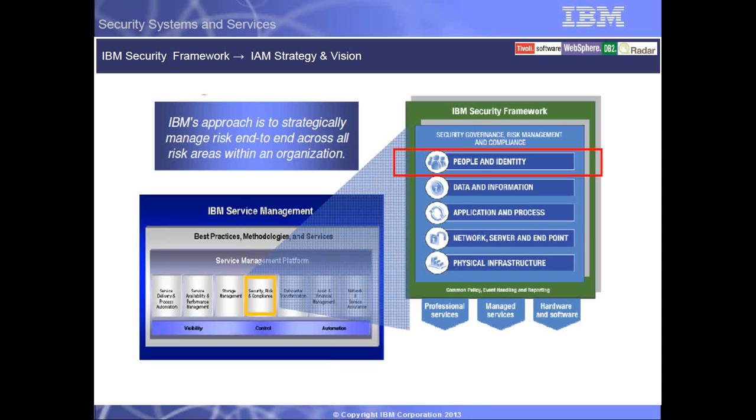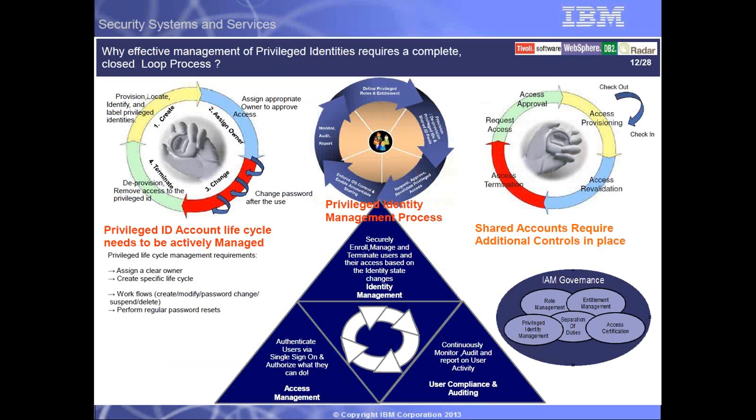IBM has a security framework which addresses 5 areas as described here: people and identity, data and information, application and process, network, server and endpoint, and physical infrastructure. IBM Privileged Identity Manager falls under people and identity. We'll get into it. So that's about the framework.